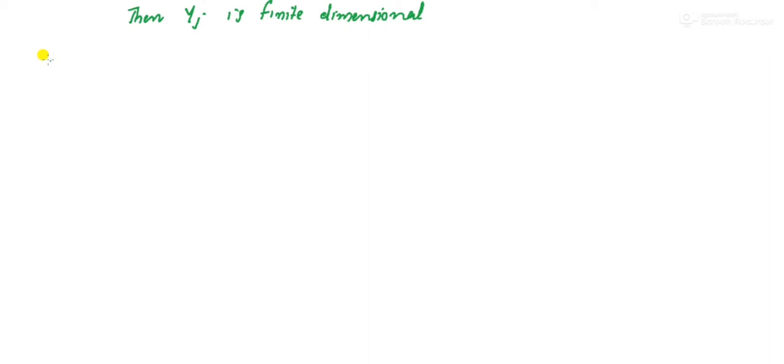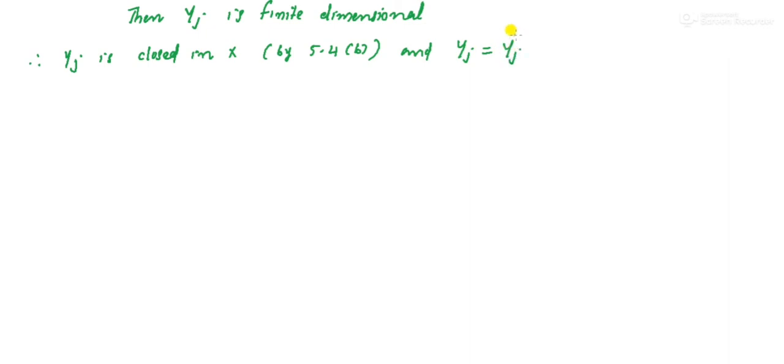Therefore, Yj is closed in X. This is by 5.4b, and Yj equal to Yj closure since Yj is closed. Okay. Clearly, aj does not belong to Yj closure since Yj equal to Yj closure.